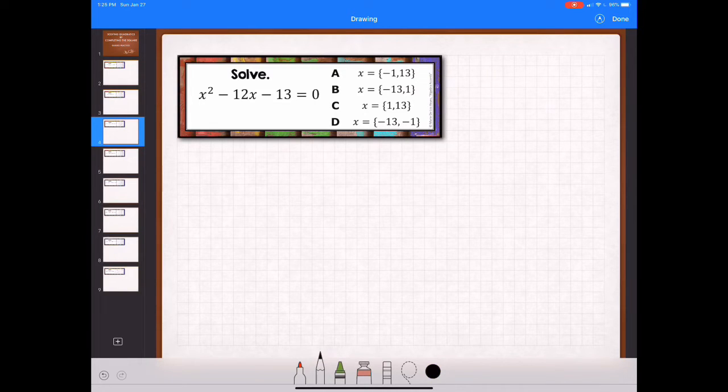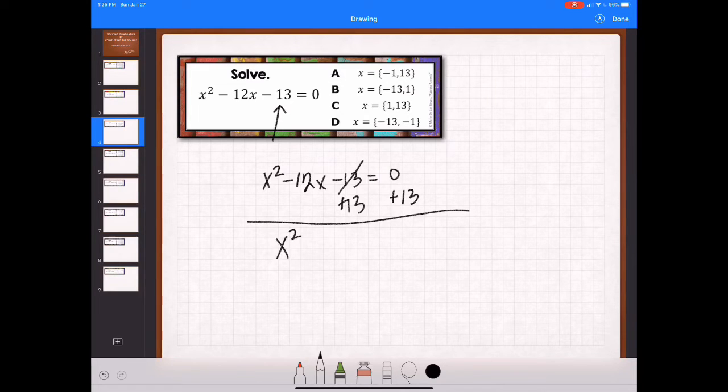Okay, next problem. Now if you notice here, we have the c term on the left side, so x squared minus 12x minus 13 equals 0. We need to go ahead and cancel that and move it to the other side so that we can have our little space there for when we complete the square. All right, so now that I've canceled it, it's on the right side.